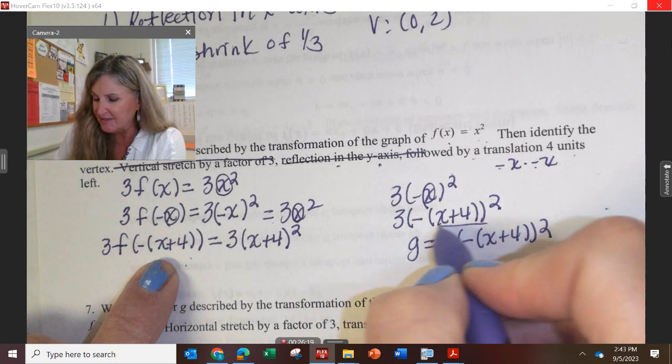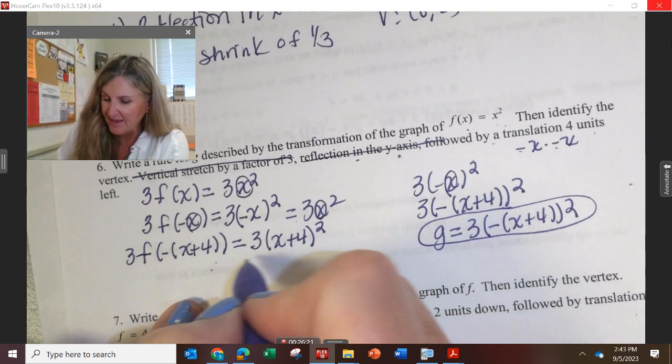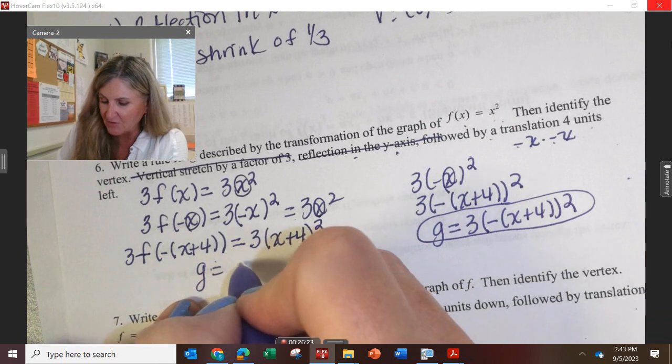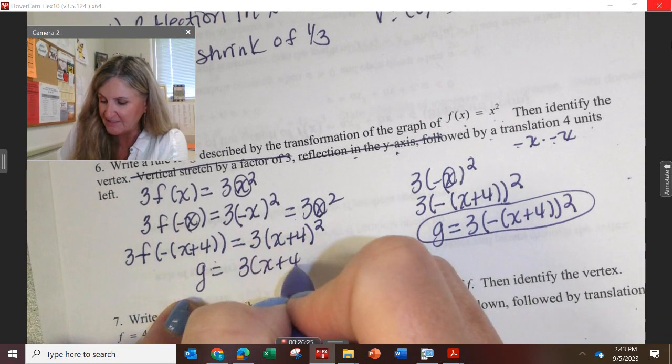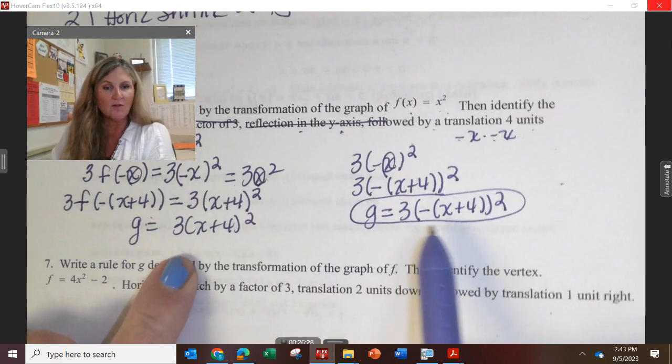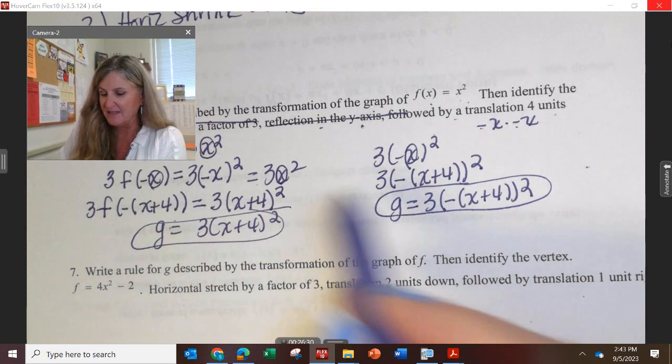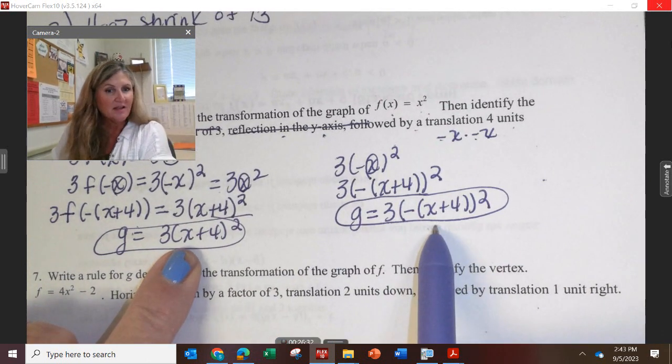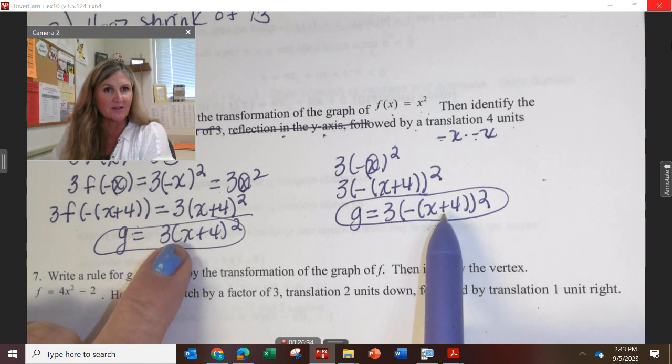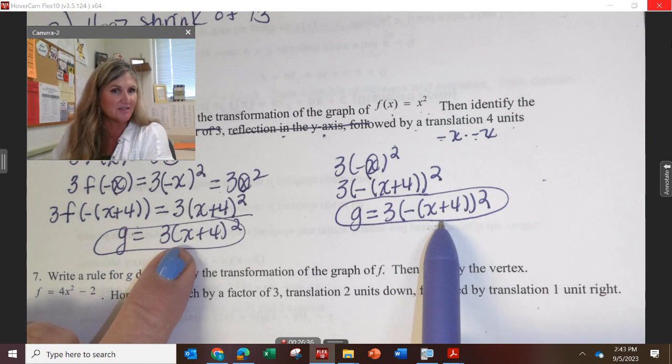So some people would say this is the answer, and other people would have done that little simplifying first and would say this is the answer. Well, what that means then is that these two are equivalent. And if I put both of these in the calculator, you would see that these are equivalent.